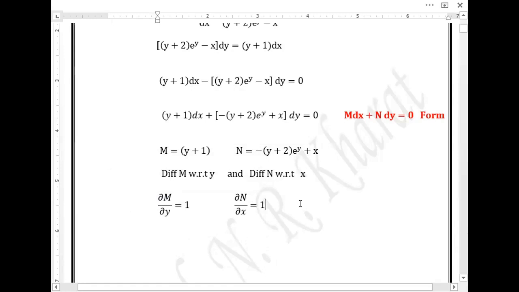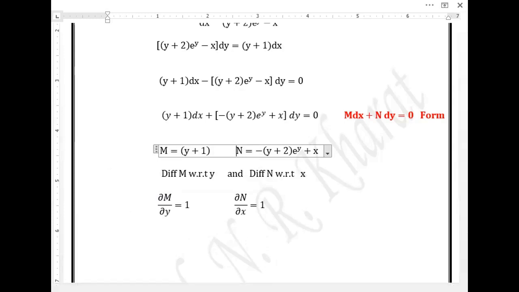In a similar way, we find the derivative of N with respect to x. When differentiating with respect to x, y becomes constant. The first term, minus (y plus 2) e raised to y, is constant, and the derivative of a constant is 0. And plus x, whose derivative is 1.